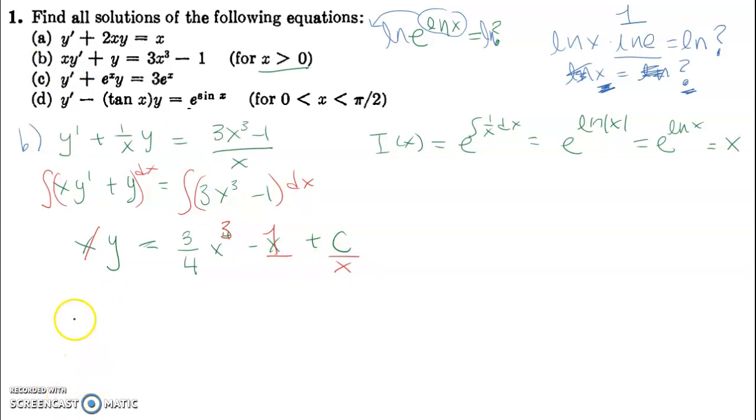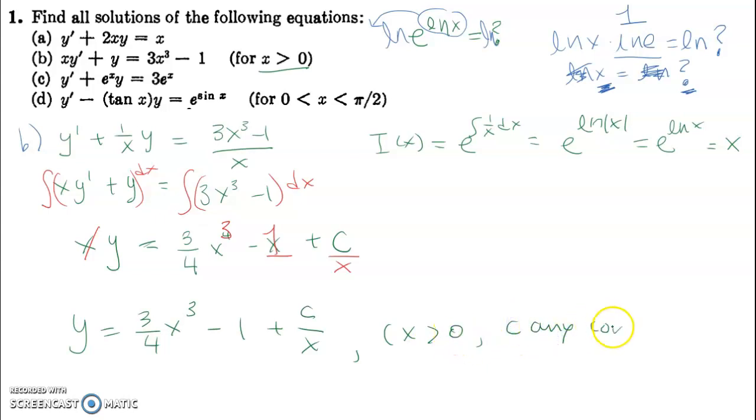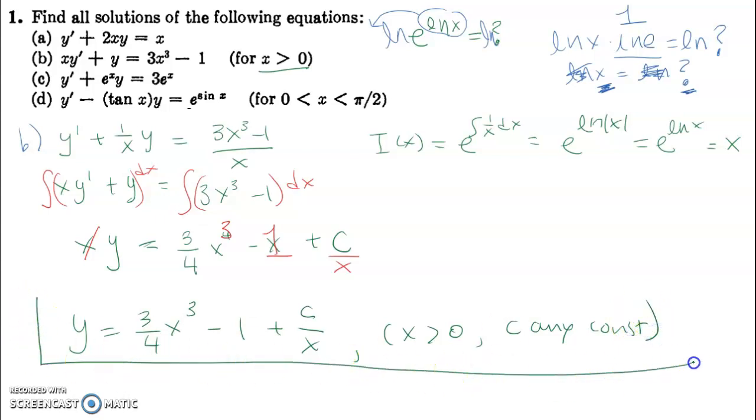If I rewrite this, we have y equals 3/4 x cubed minus 1 plus c over x. And that's it. We can say that x is greater than 0 and c is any constant. So this is our solution for part B.